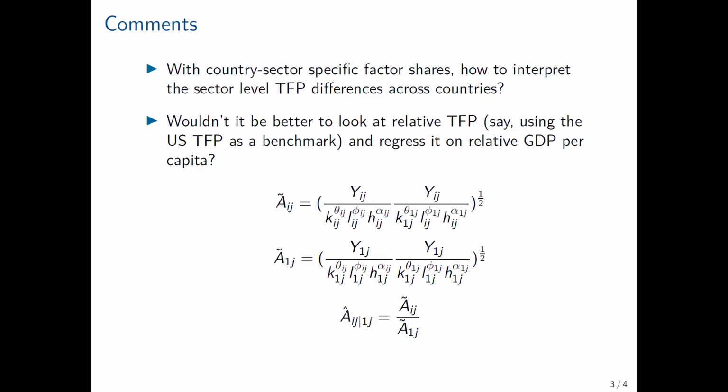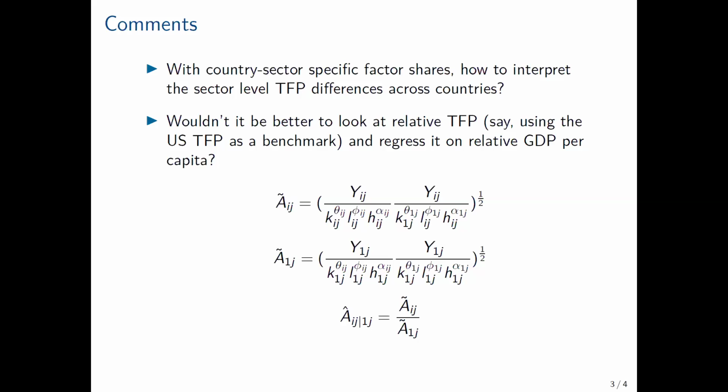So what I would suggest, instead of directly taking the TFP and regressing on GDP, is to calculate the relative TFP to a reference country. It's like when we do growth accounting with time-varying factor shares: you look at the beginning year and end year factor shares, calculate the TFP, and take the geometric mean.